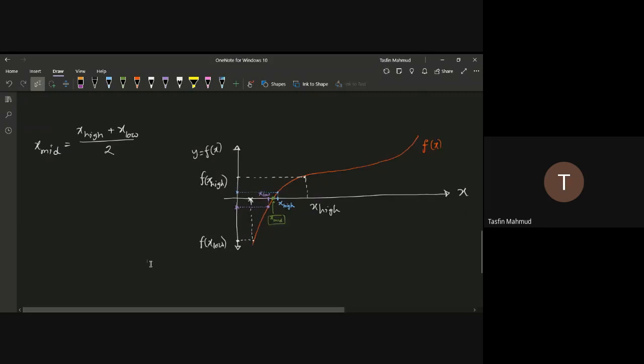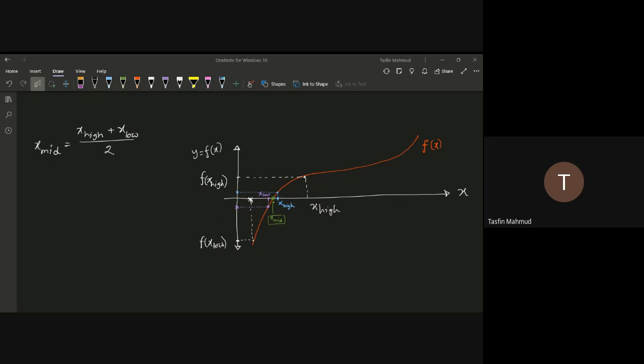One more thing I should talk about is that we should have some tolerance value. So what do we mean by tolerance value? If you can recall, we talked about tolerance value in the previous session, for numerical differentiation, no, numerical integration.